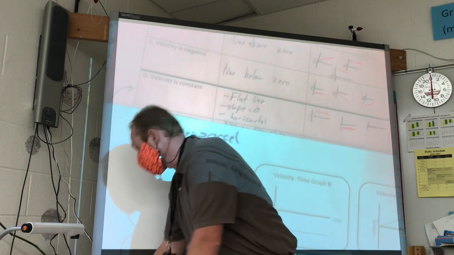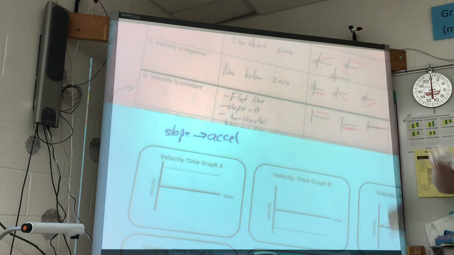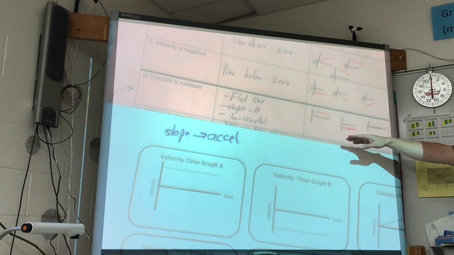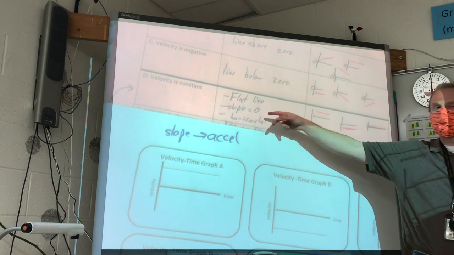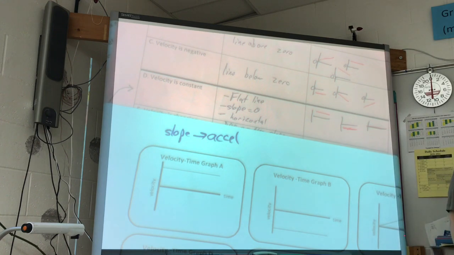Okay, so how do we know if the velocity is constant? Well, remember, constant velocity means my acceleration is 0, and the slope of my line tells me acceleration. So if my slope is 0, my acceleration is 0, which then means my velocity is constant.